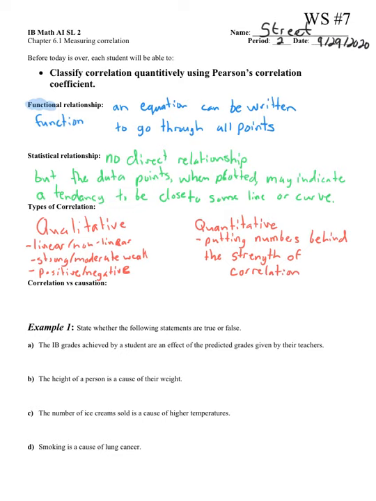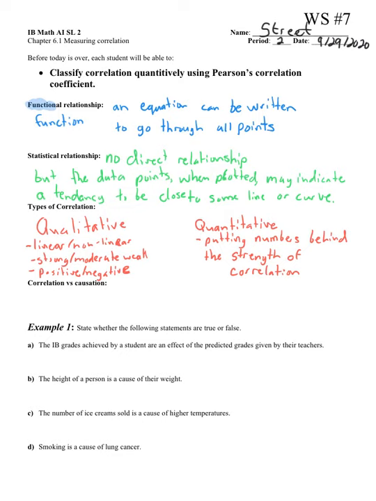And that's what we're going to be doing for this next chapter. We're going to start looking at how we identify strength of correlation, and what that information is telling us about the data. Is it strongly correlated? Is it not strongly correlated?